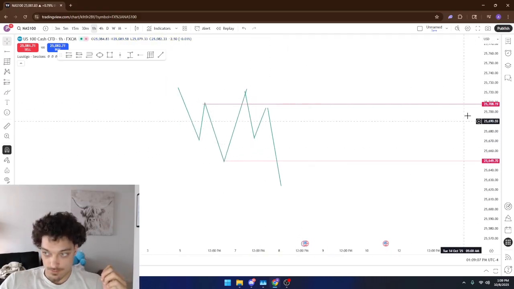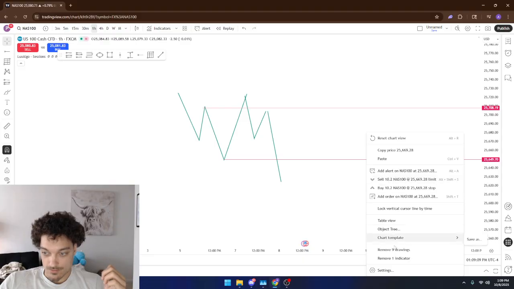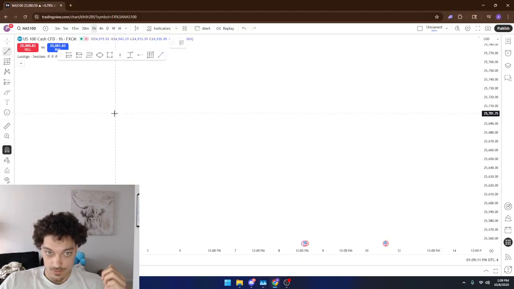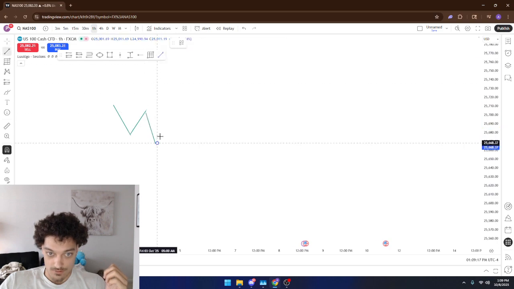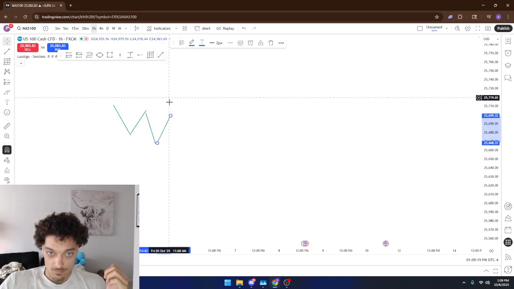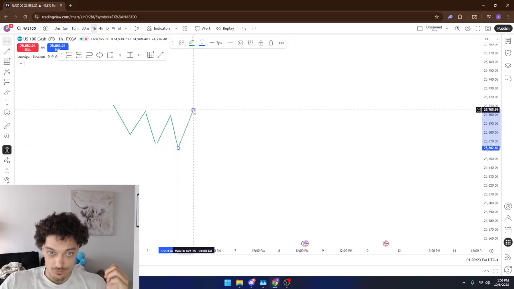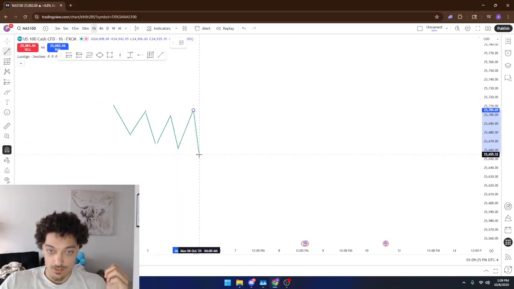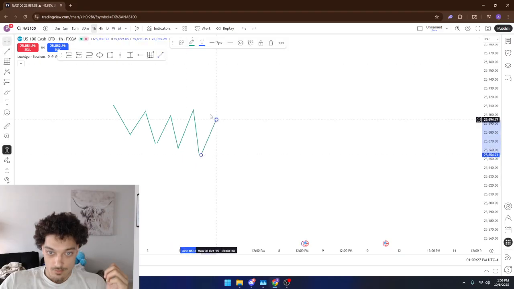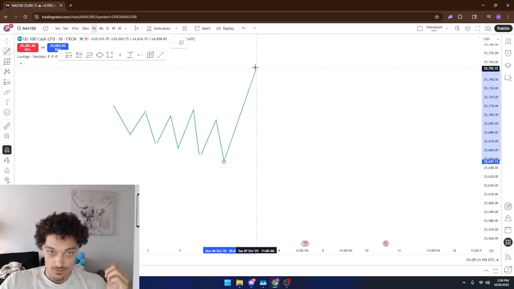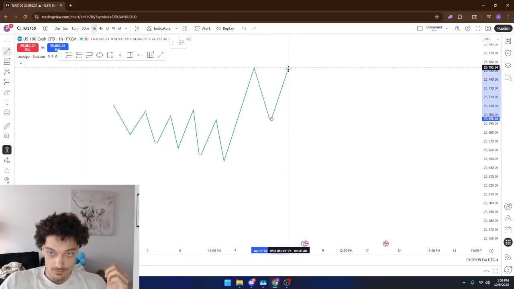And eventually it came down and just flooded. Now there's also an example of something like this. This is called low resistance liquidity. That was high resistance. This is low resistance liquidity, where price is just inching in the same direction, going down, and then eventually price just shoots up, but still comes back down.